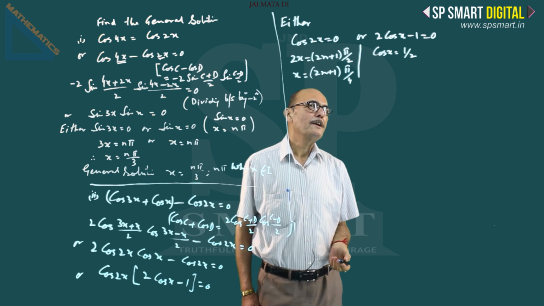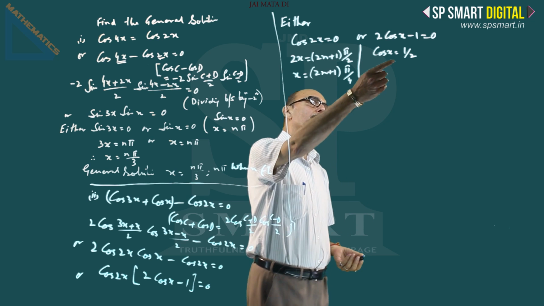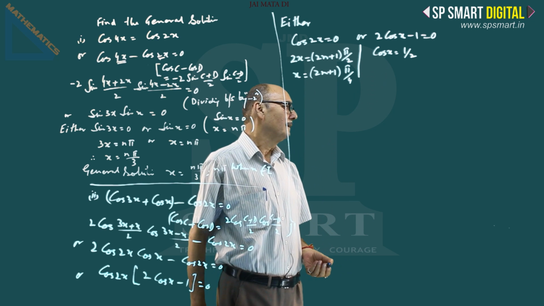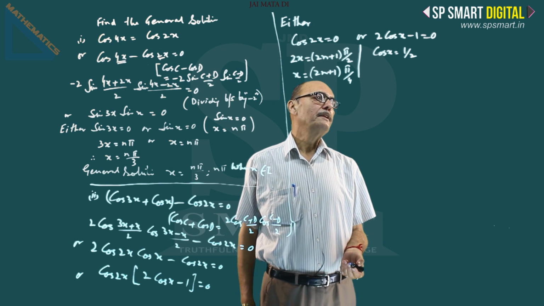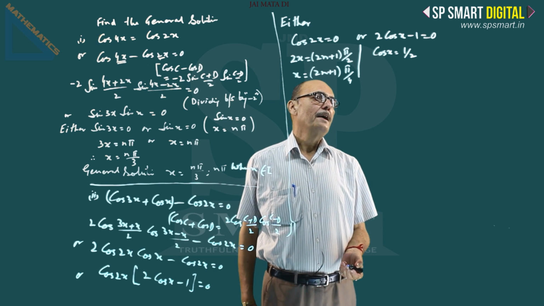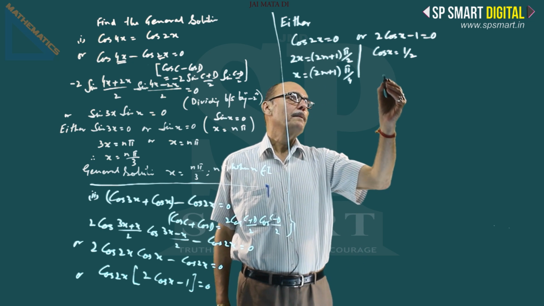Now, first we think orally that cos x is positive in the first and fourth quadrant. The principal value will be in the first quadrant pi by 3, and in the fourth quadrant it will be 2 pi minus pi by 3, that is 5 pi by 3.